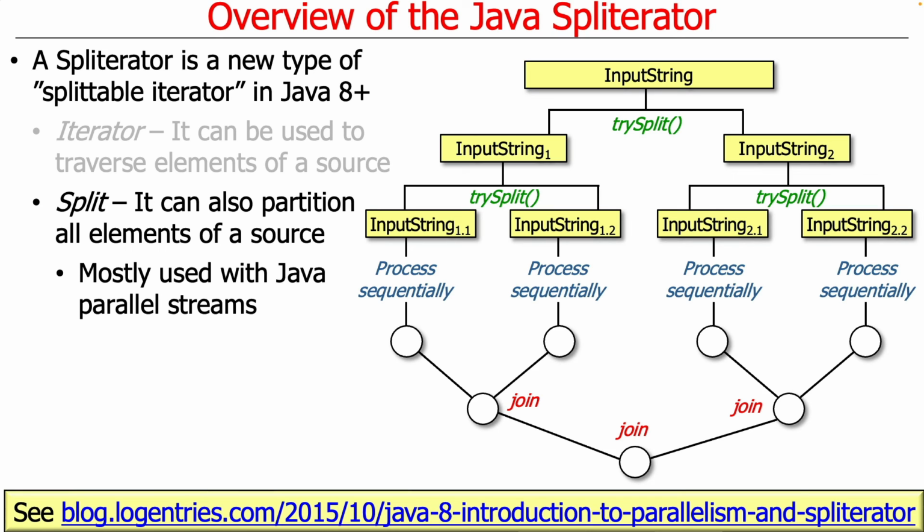And then those atomic size chunks are mapped into the underlying tasks in the common fork join pool, and then they are processed in parallel on all the different intermediate operations, culminating with the terminal operation, which could join them back together again with the results of doing the intermediate operation process. So that's basically how Spliterator works.